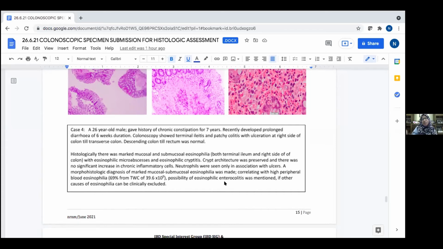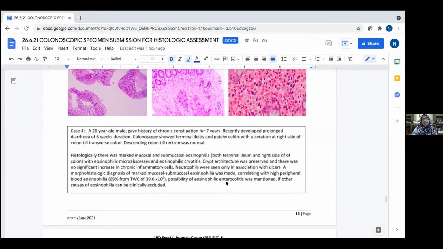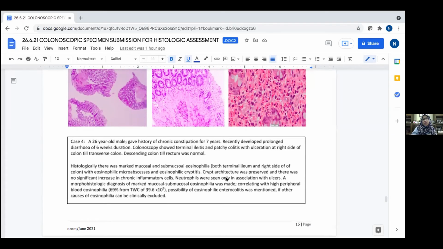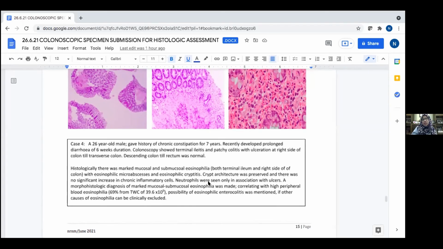Eosinophilia can occur in relation to malignancy, that sort of thing, so the clinical people need to verify that there's nothing else causing the eosinophilia, and then we can safely call this eosinophilic enterocolitis. And the presentation of chronic diarrhea, chronic constipation is actually quite suggestive as well.